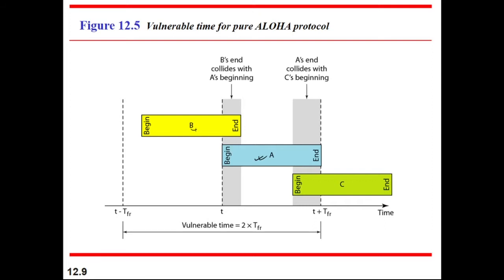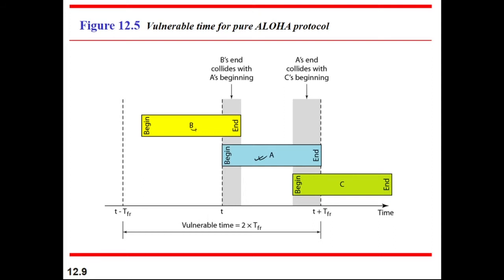If you are sending the data at that time, then there is a chance of collision between these different packets. So when a station is sending data, just calculate the vulnerable time, and another frame needs to wait for that time period, and after that the different stations can send the data.